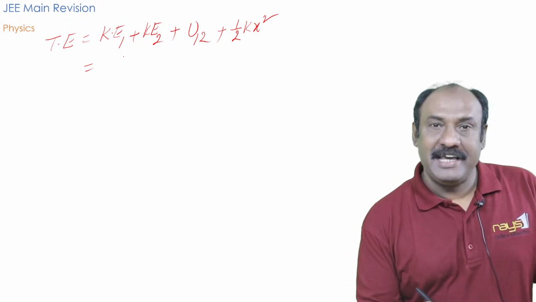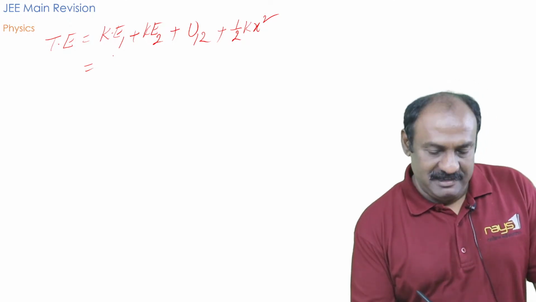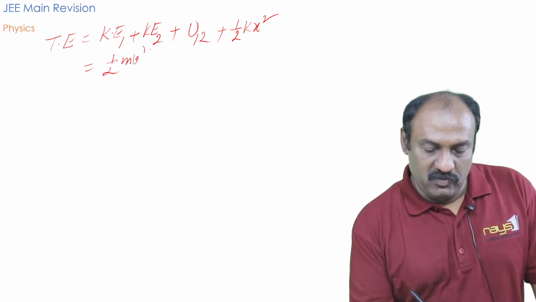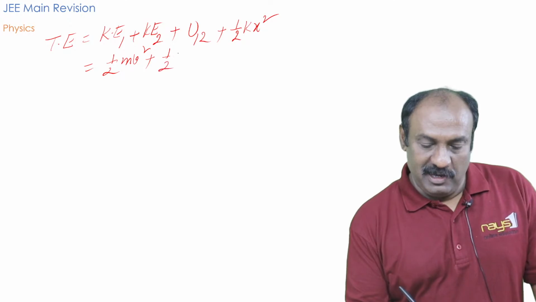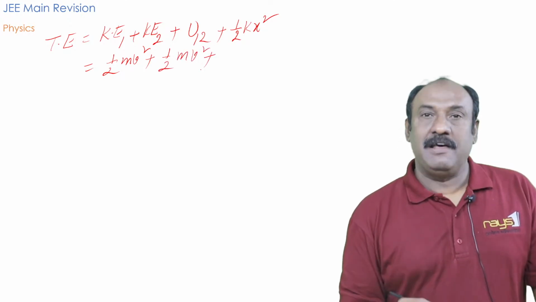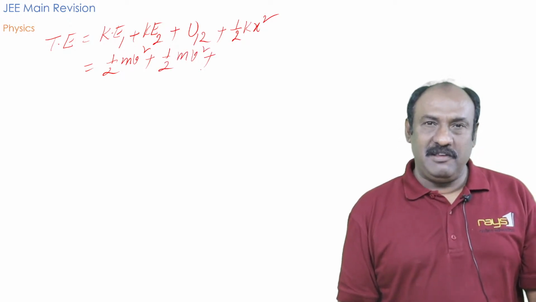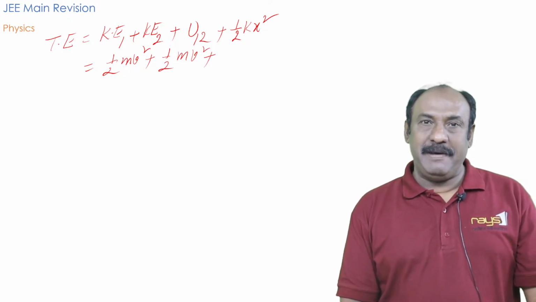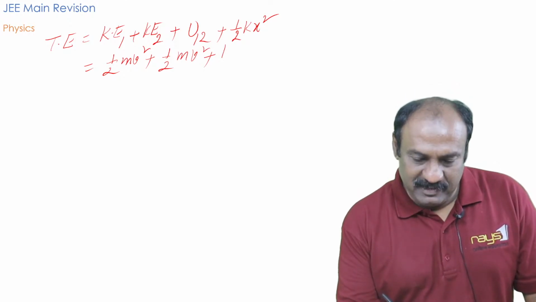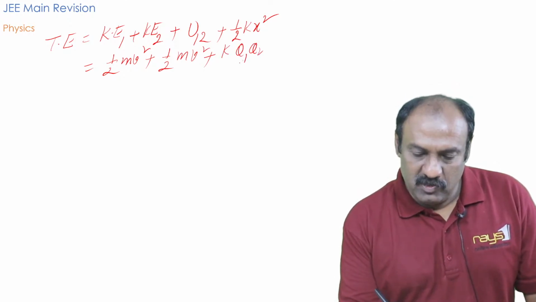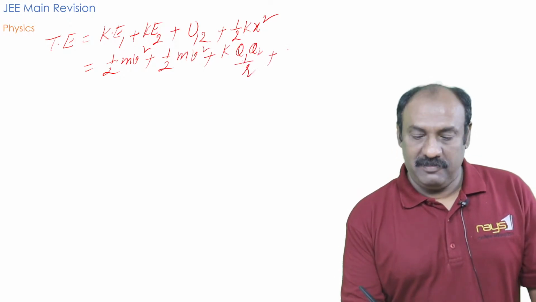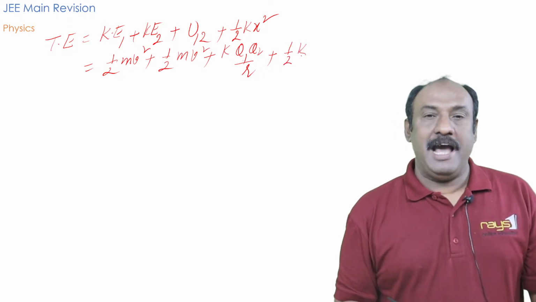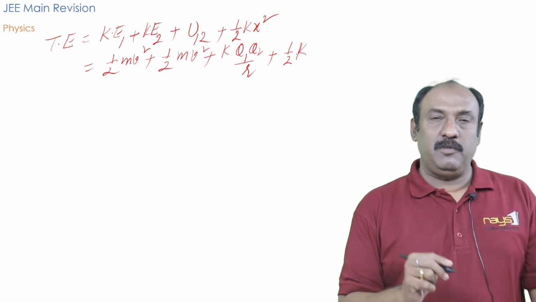So the translational kinetic energy of the first one is half mv square, and for the second one is also half mv square, plus the potential energy of the system of these two particles of charges q1 and q2 separated by a distance r, that is k into q1 q2 by r, plus half k into the extension squared. The natural length of the spring is supposed to be L0.